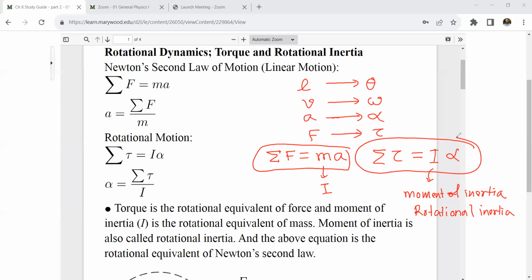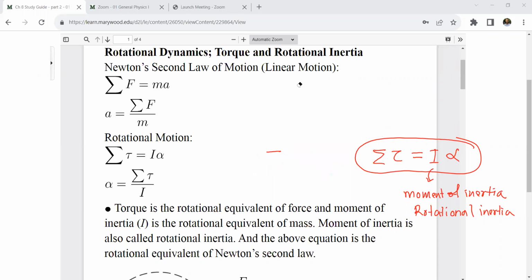Here tau is the torque, which is the rotational equivalent of force, alpha is the angular acceleration, and I is the rotational equivalent of mass. We call it rotational inertia. This law is the rotational equivalent of Newton's second law: the net tau equal to I times alpha.